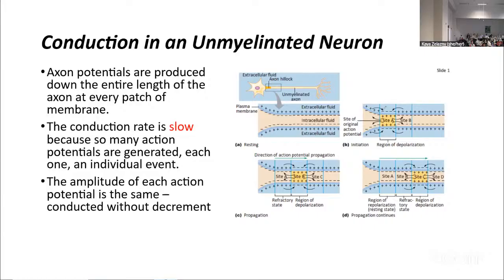Here we can see, similarly to that previous picture, we've got site A near the original site of our action potential, near the axon hillock, which is that pinching off point from the cell body, that gets depolarized. Then progressively, we have the next site depolarized. That depolarization spikes to 30, so that's the action potential. And then on down the line, all moving in that direction.